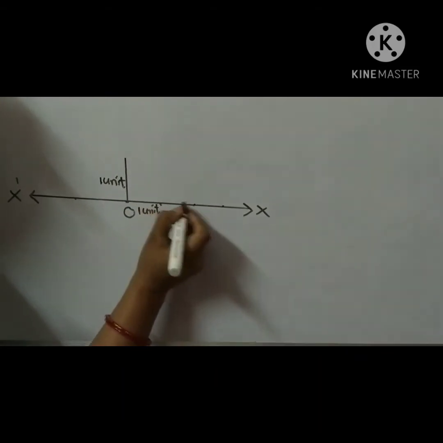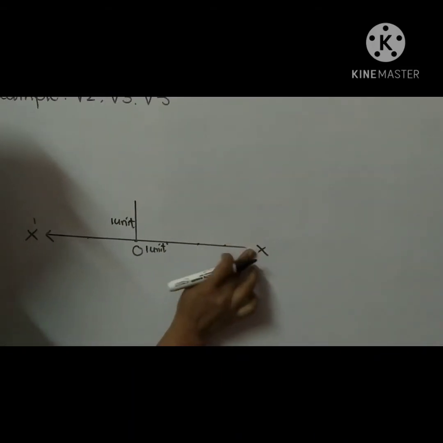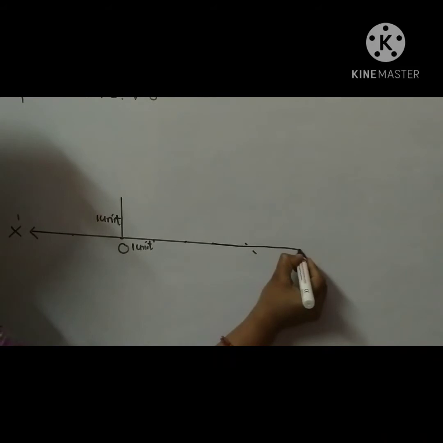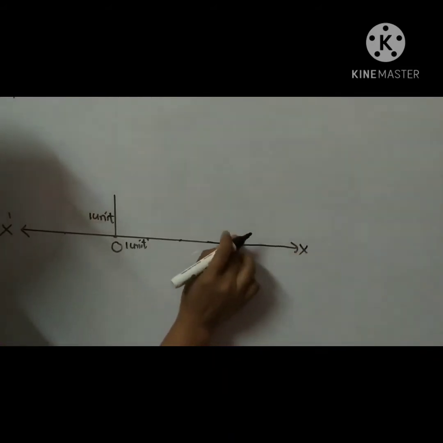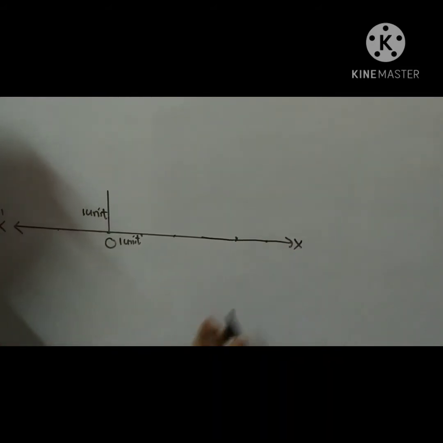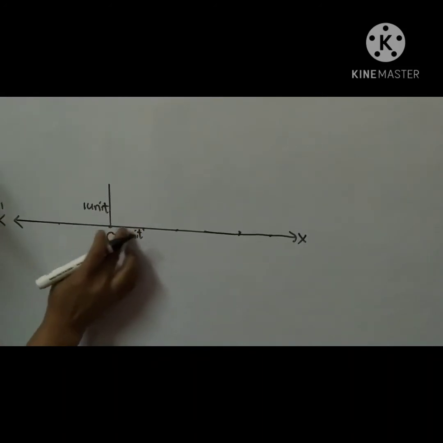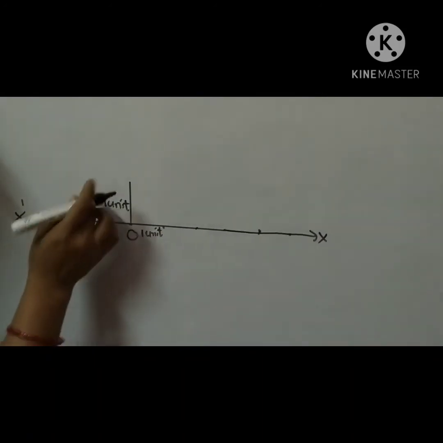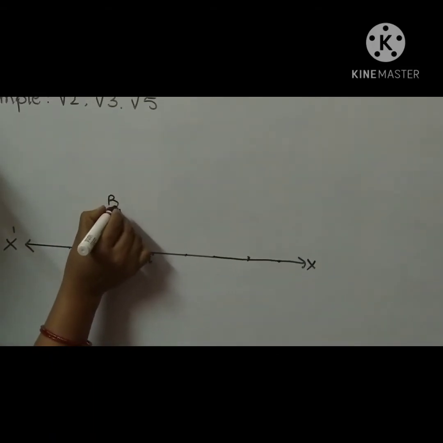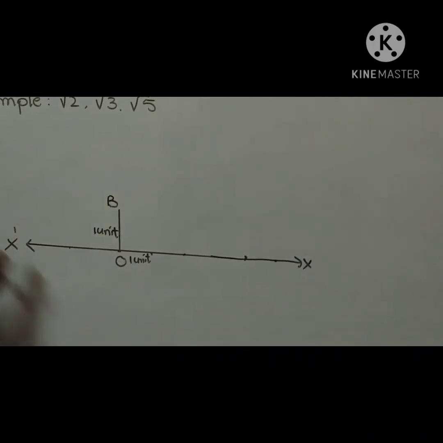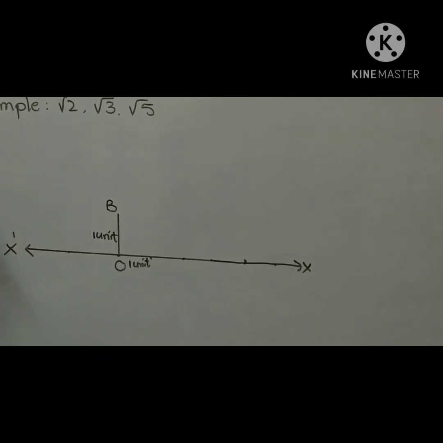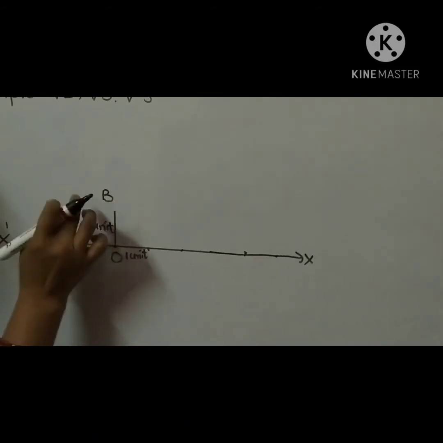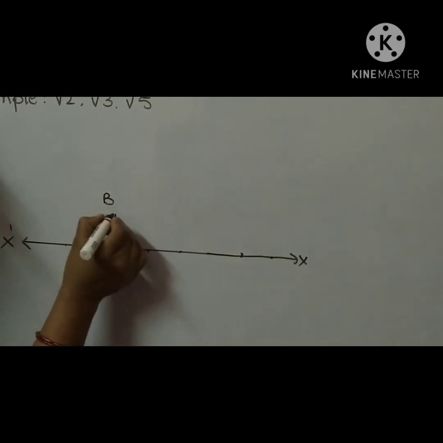Here to here 1, here to here 1 and here to here 1. Each and every two points' distance is 1 unit. Draw the perpendicular line and label it B, or as you wish. Here 1 unit, up to here 1 unit.